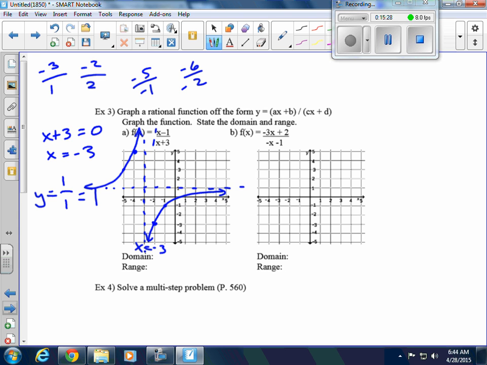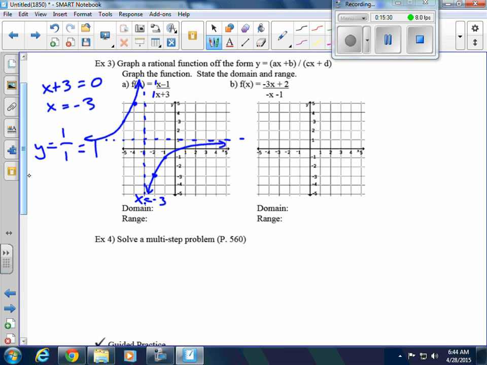And again, our domain in this case is all real numbers except for -3. So x cannot equal -3. And the range is all real numbers except for 1. So y cannot equal 1. So that is the domain and the range of this function.